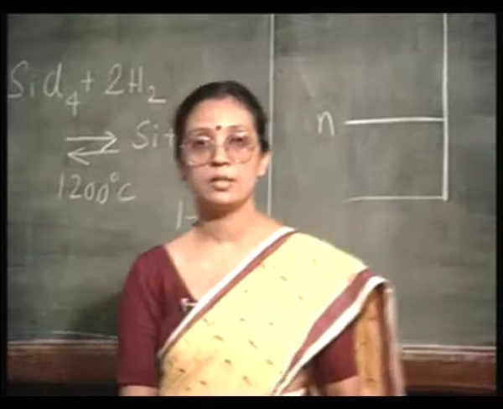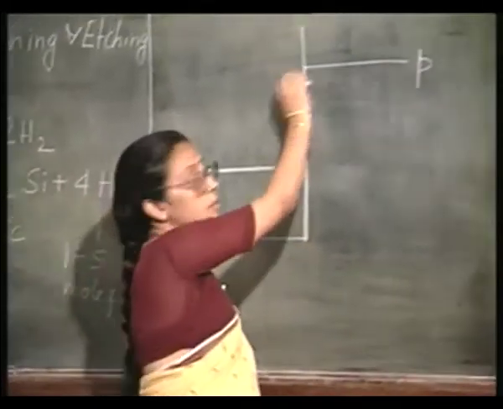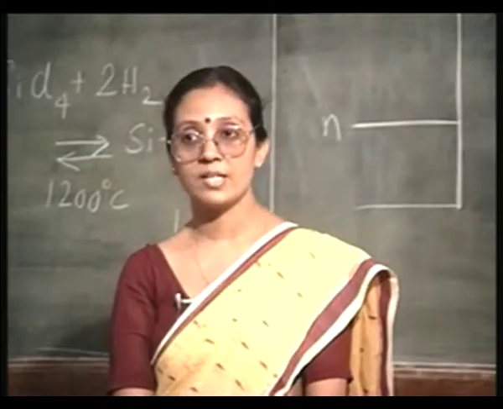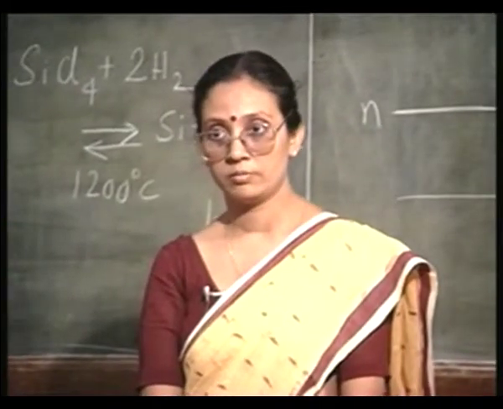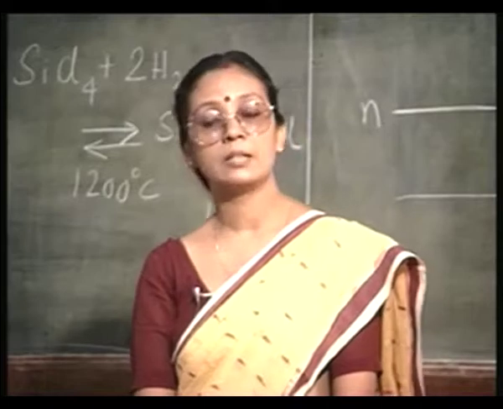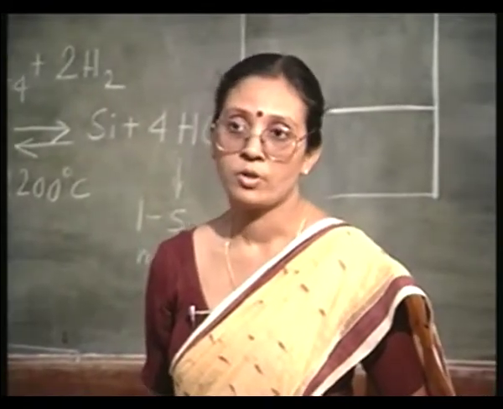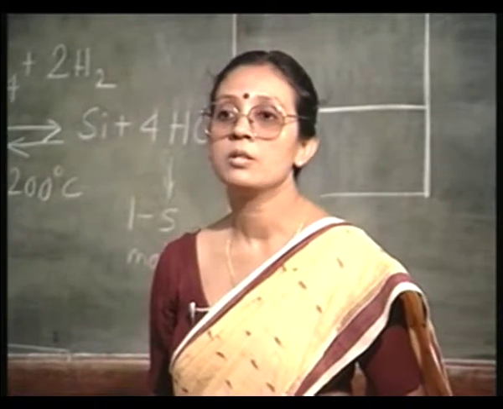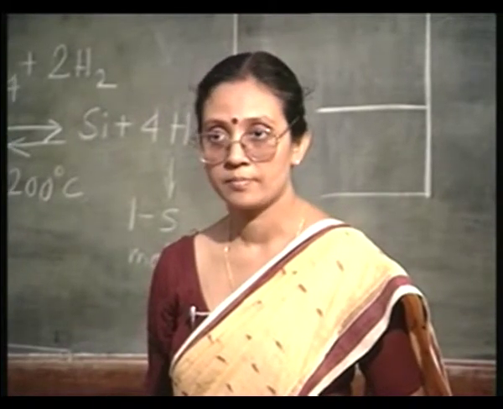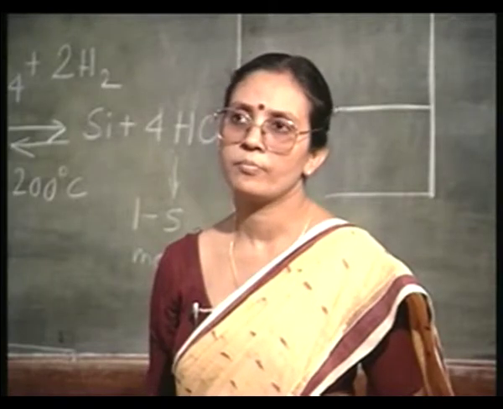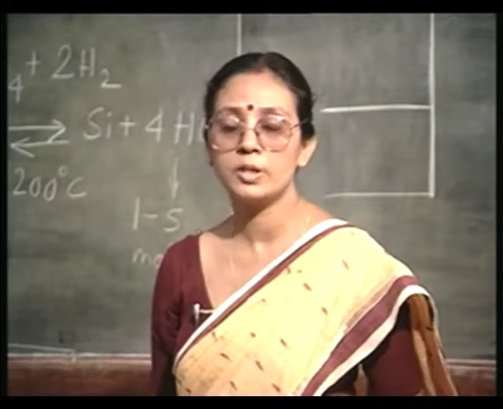One is the solid state diffusion across the boundary, the other is the gas phase auto doping. These are the two major reasons of unintentional doping during epitaxy, and this can really pose a lot of problems for epitaxy.